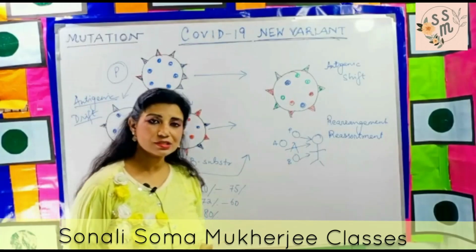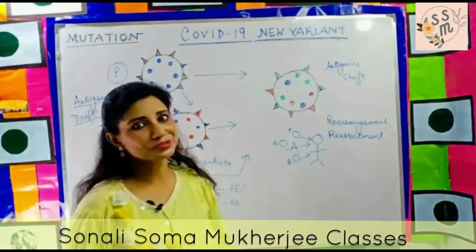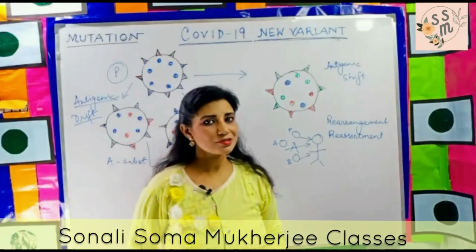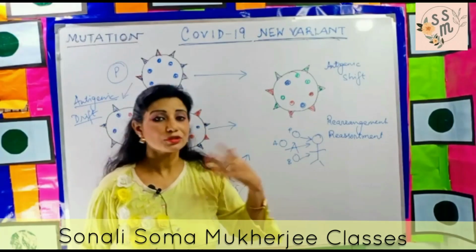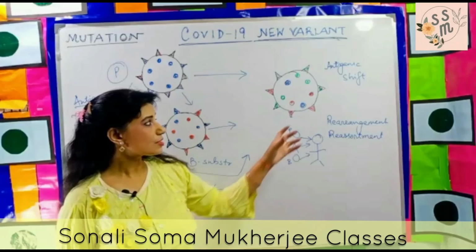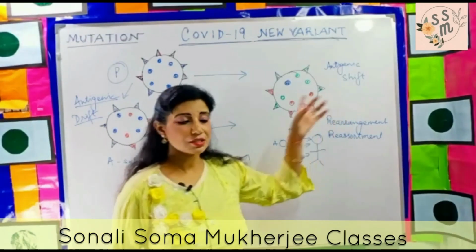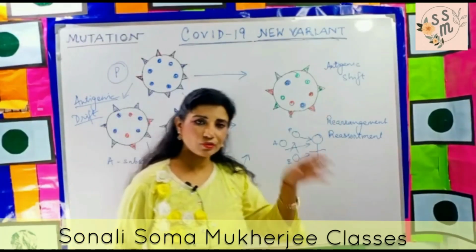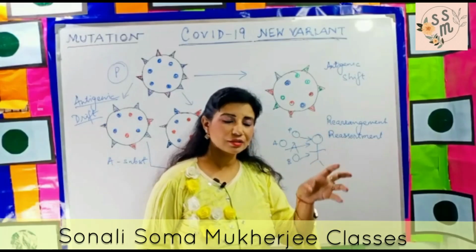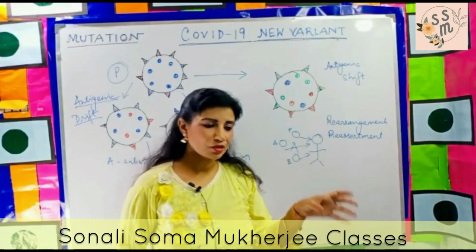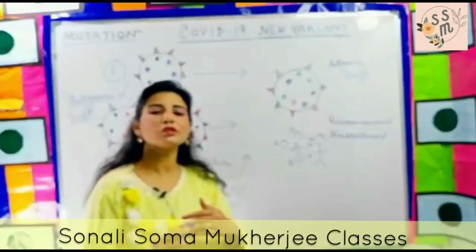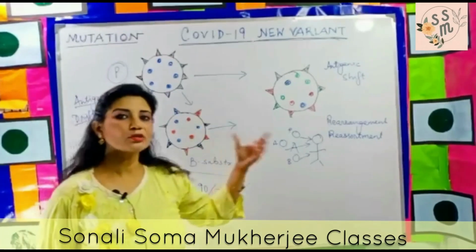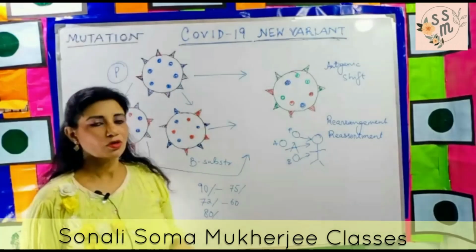And in this case, will the vaccines work? Sorry to say, no. The vaccines may not work because it's a new form. The vaccines have been developed on the basis of the strains that have already been studied. We have studied the strains, and accordingly we have tried to develop antibodies which can target the spike proteins of that kind.